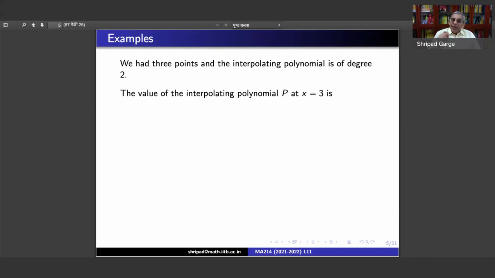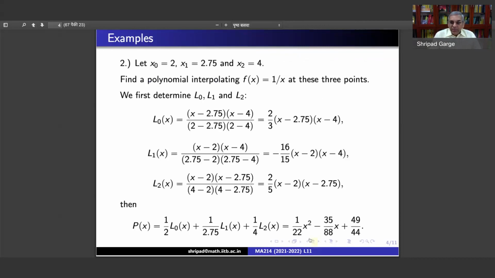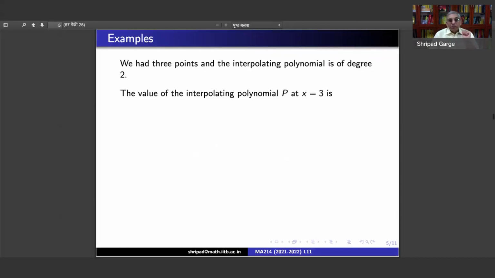What is the value of this polynomial at x equal to 3? It is this polynomial, 1 by 22 x squared minus 35 by 88 x plus 49 by 44, and we want to compute its value at x equal to 3.